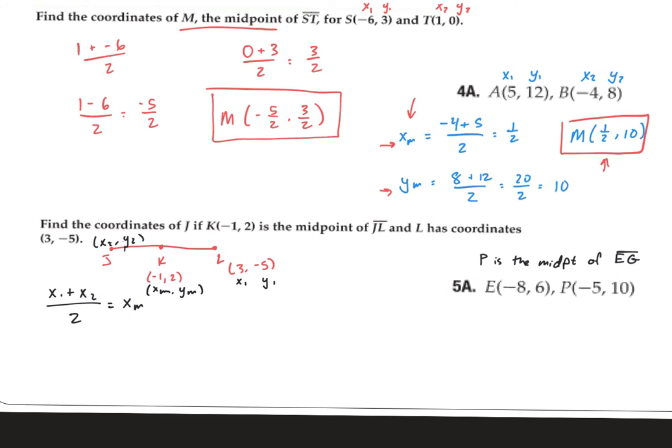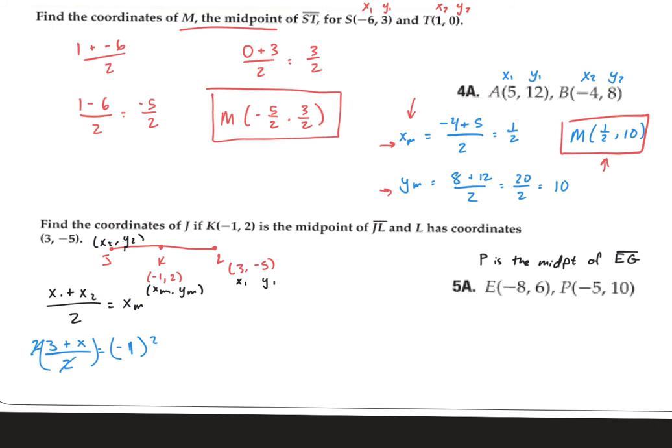Now that I have everything labeled, I'm going to take all of that and plug it into the equation. My x1 is going to be 3. My x2, I don't know, so I'm just going to leave it as an x, divided by 2, my x of the midpoint is -1. Here I have an equation, and now I'm just going to solve for x. In order to get the 2 out of the denominator, I'm going to multiply both sides by 2.